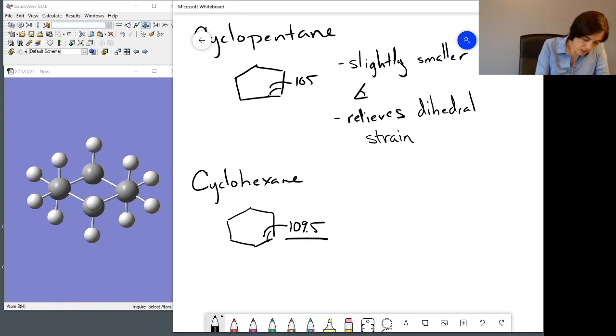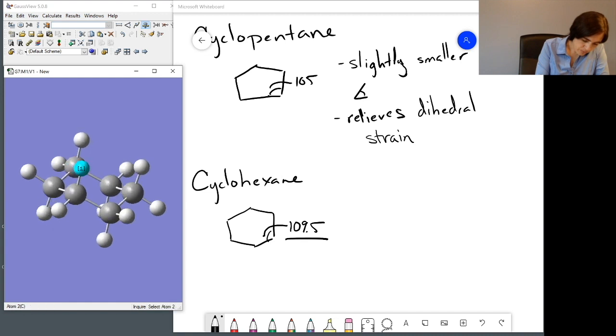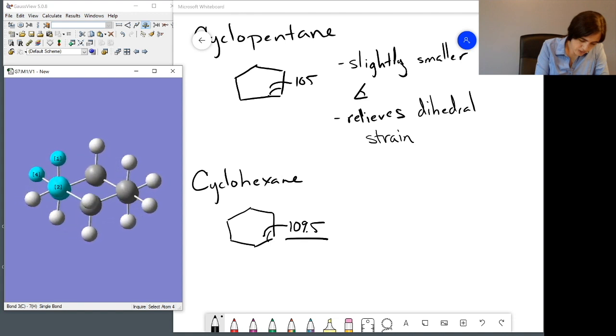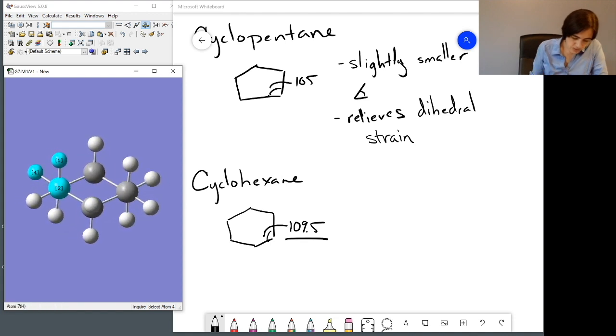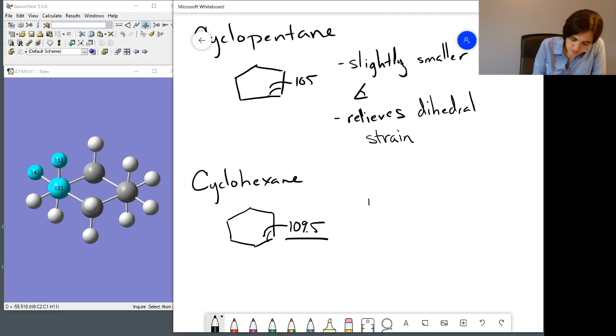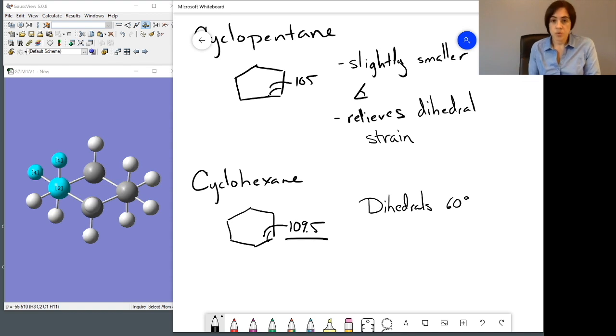And if we look at our dihedrals, these four would reach a dihedral angle of 60 degrees, which again is what we would expect for an ideal system or a straight chain alkane. So this one has no angle strain and no torsional strain associated with it.